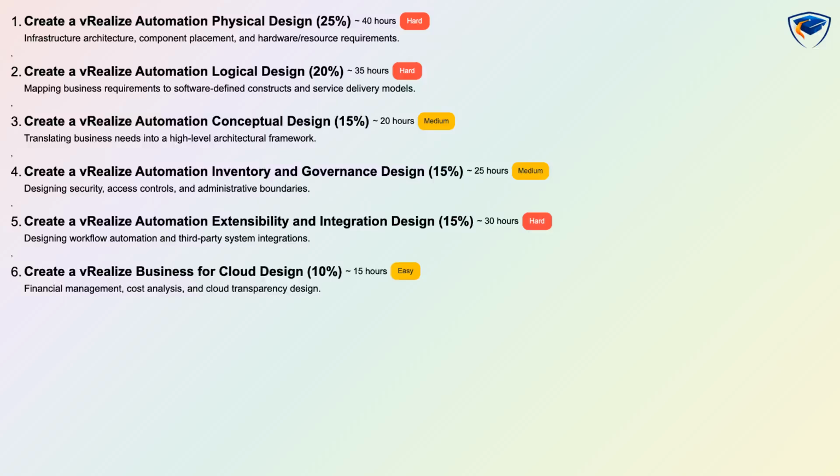The Create Realize Automation Physical Design domain holds 25% weightage, followed by Create Realize Automation Logical Design with 20%, Create Realize Automation Conceptual Design with 15%, Create Realize Automation Inventory and Governance Design with 15%, Create Realize Automation Extensibility and Integration Design with 15%, and Create Realize Business for Cloud Design with 10% weightage.